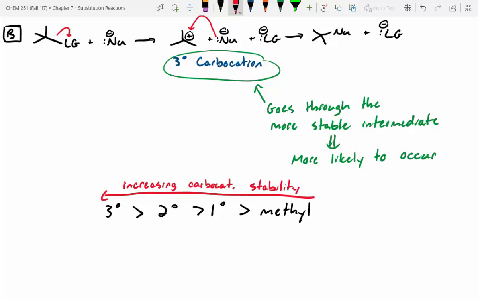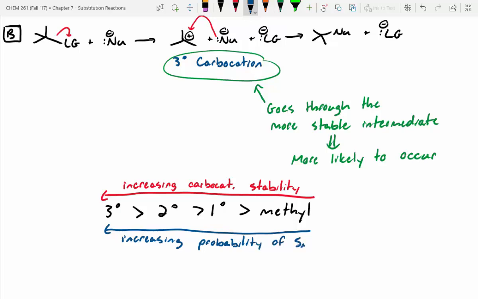All right, and this trend should be the same for the likelihood of an Sn1 reaction occurring, right? So we could say increasing probability of Sn1.